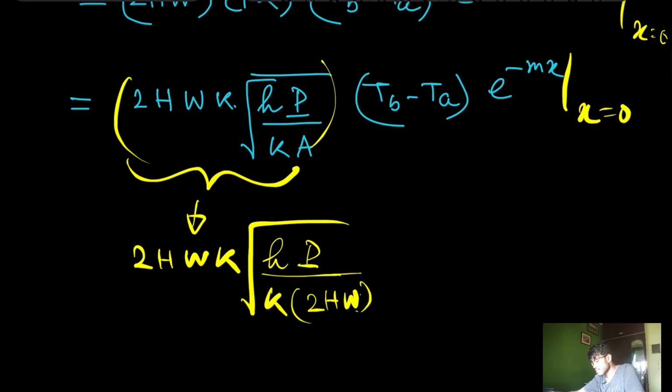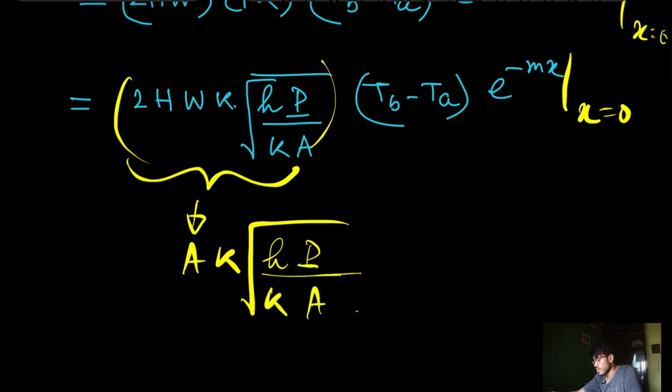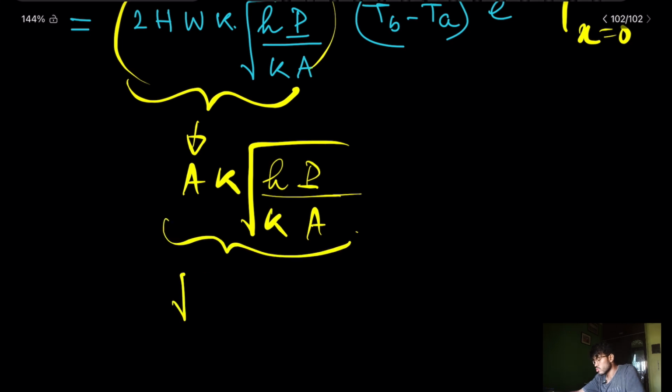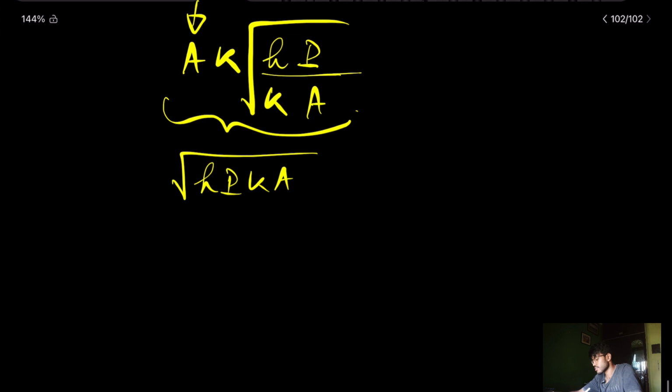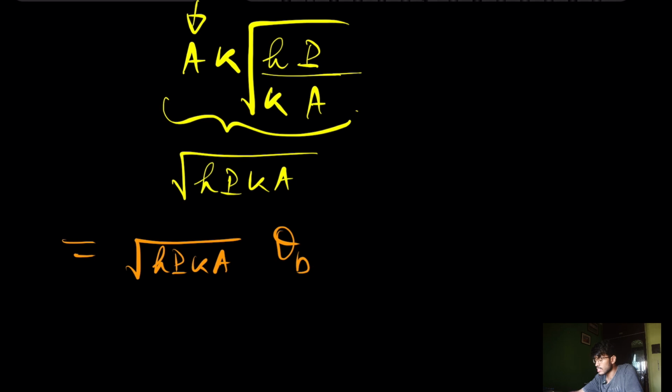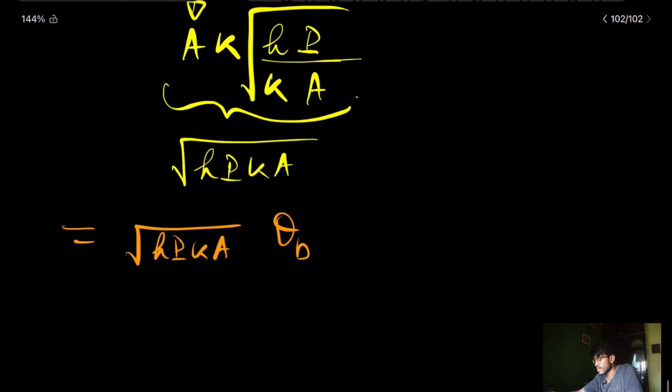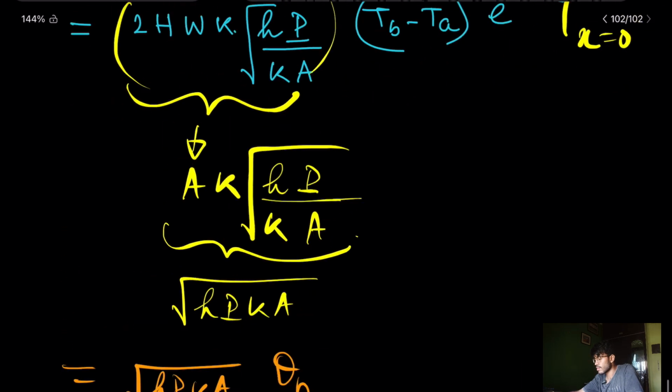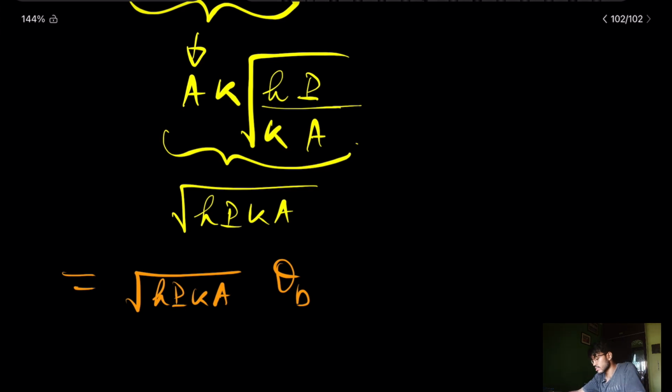So essentially this is the area and this is also the area, okay. So this term will boil down to root over of hpka. So the whole heat transfer is coming as root over of hpka into theta b, right, because it is tb minus ta, and this is the answer, okay.